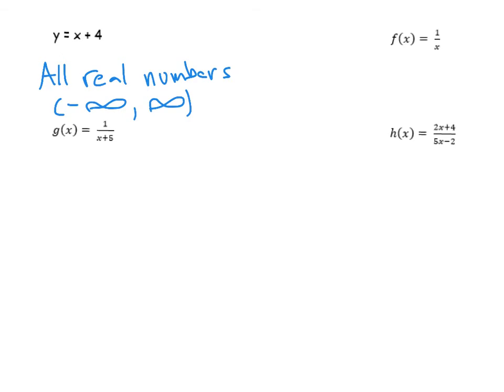Okay, 1 over x. This is a case that you should look closely at. There's really 2 cases where you have to be very aware of some potential restrictions. If you have a fraction and x is on the bottom, you might have some restrictions. You'll see that coming up on the next ones.